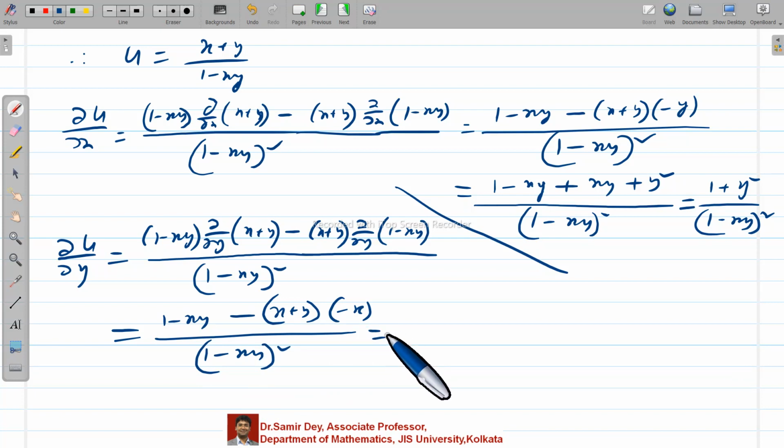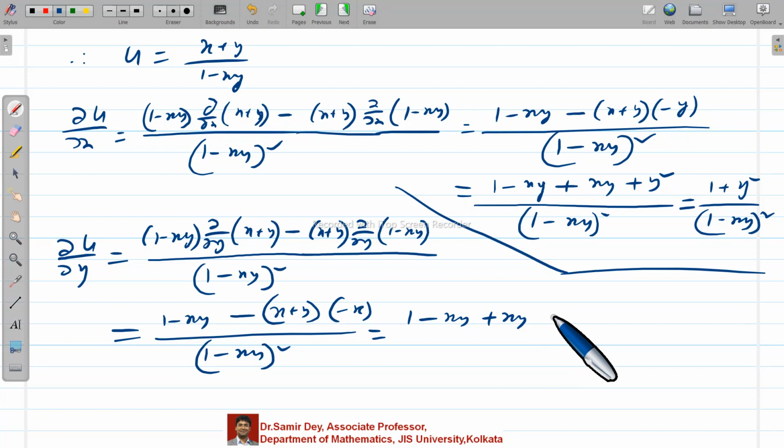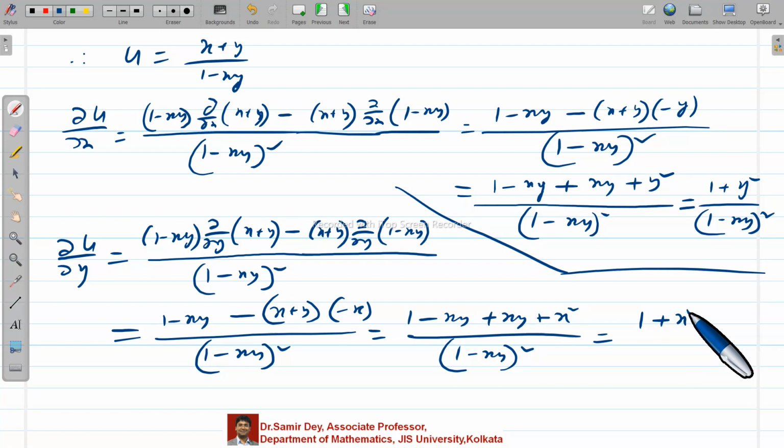So if I simplify, it is coming 1 minus xy plus xy minus x square plus x square... ultimately it is coming 1 plus x square by 1 minus xy whole square. So now you know del u del x, del u del y.